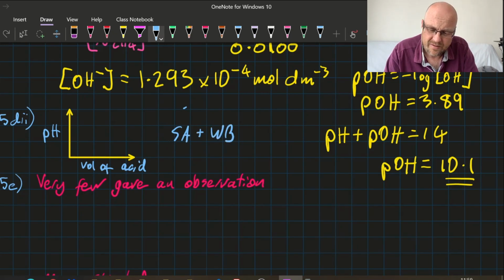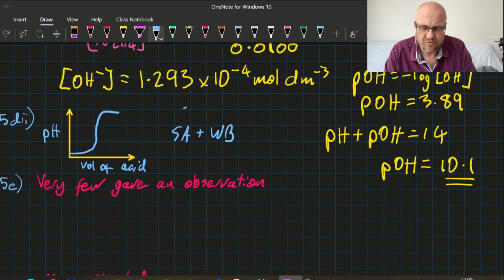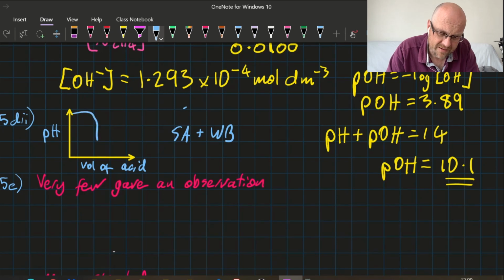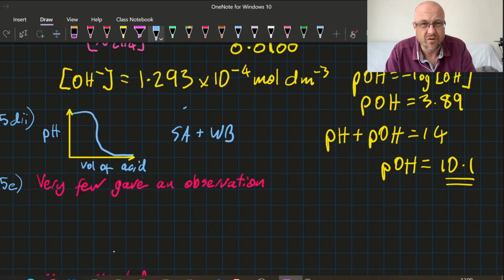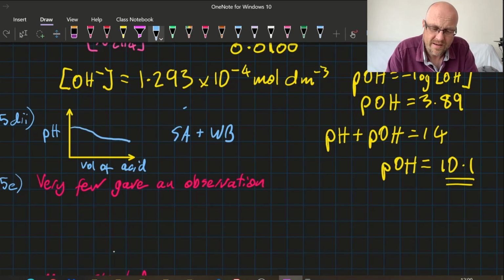So that means it's not going to be this broad one. That's strong and strong. Oh, hold on, that was upside down. It's not going to be this one, that's the strong and strong. It's not going to be this weedy one, that's the weak and weak.